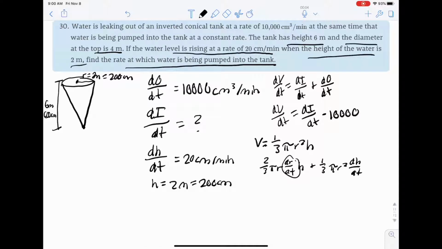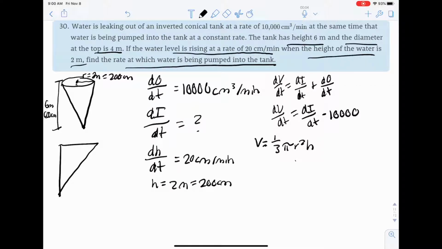We're not given that. So we need a way to get rid of this. So we're going to use the properties of similar triangles to get rid of that.